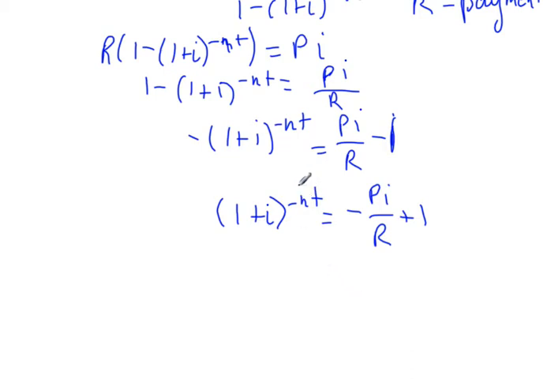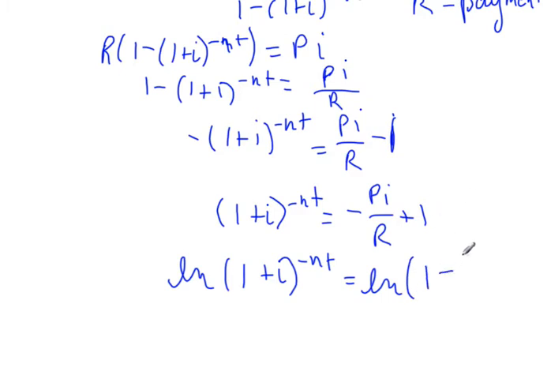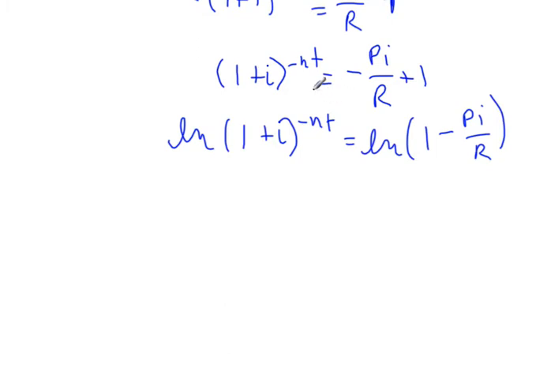Now, I want to get this out of my exponent. I have no idea what this base is, so I'm going to take the natural log of both sides. When I do that, I'll write more than one step. (1 plus I) to the minus nt equals the natural log, I'm going to reverse the order here, of 1 minus PI over R. Okay, now, by taking the natural log of both sides, I'm allowed now to take the minus nt out and put it in the front, because that was my exponent.